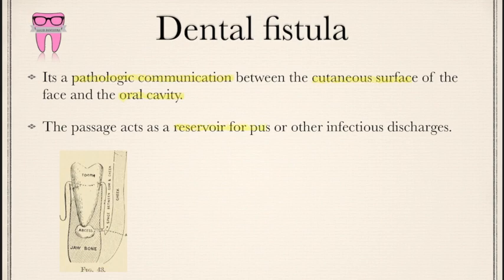Over here, you have an abscess, and if this abscess was draining here, we said it results in sinus, right? Now, if this abscess extends from here to the cheek region and all the way out, and you can see an opening on the cheek region, then it's known as a fistula.